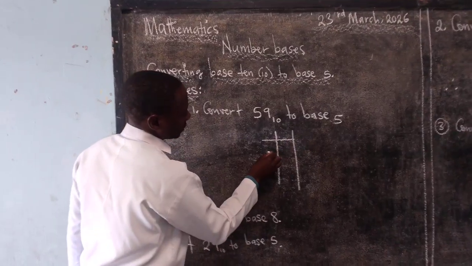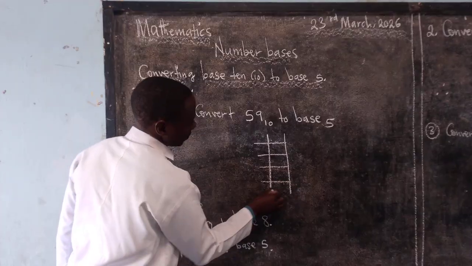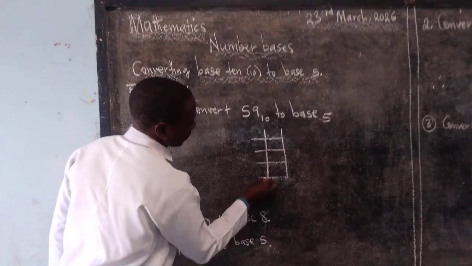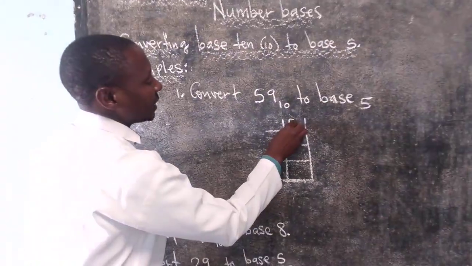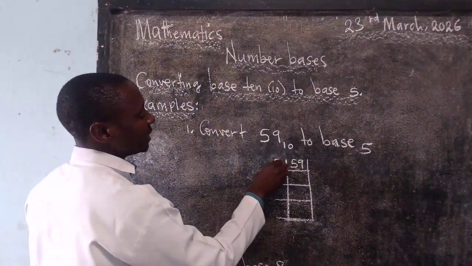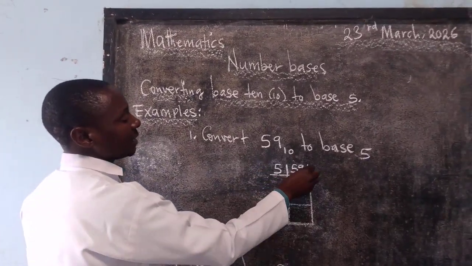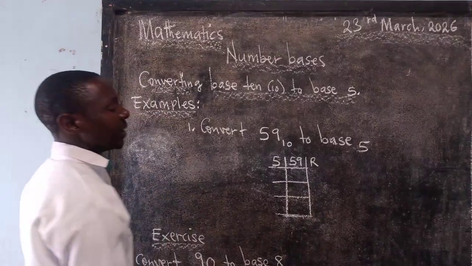Then you do like this. 59 will be written here, then base 5 will be written here. Forget about the 10, then here the remainder.